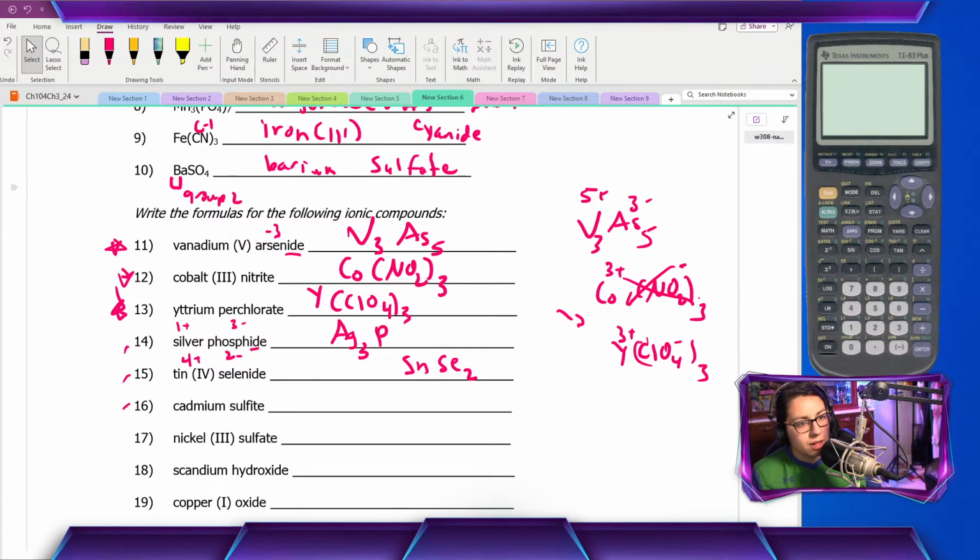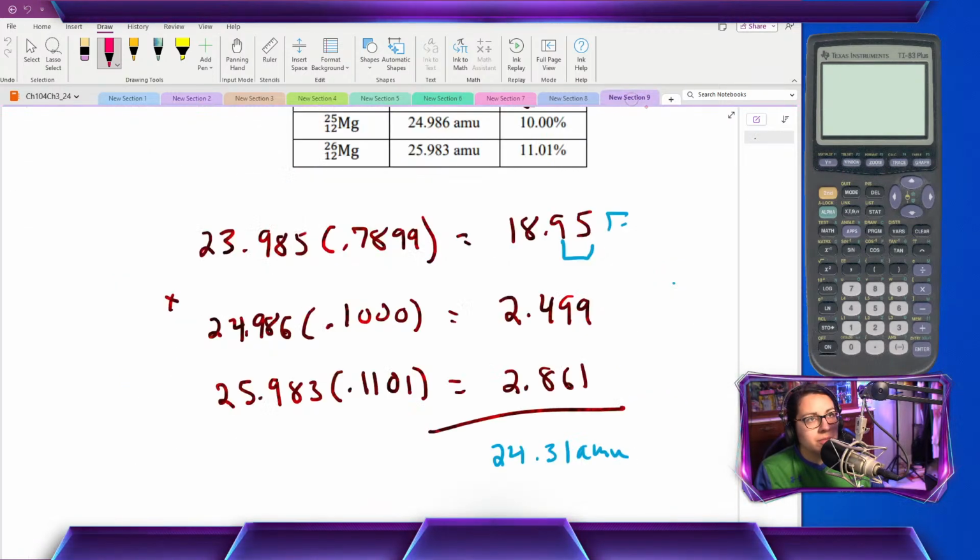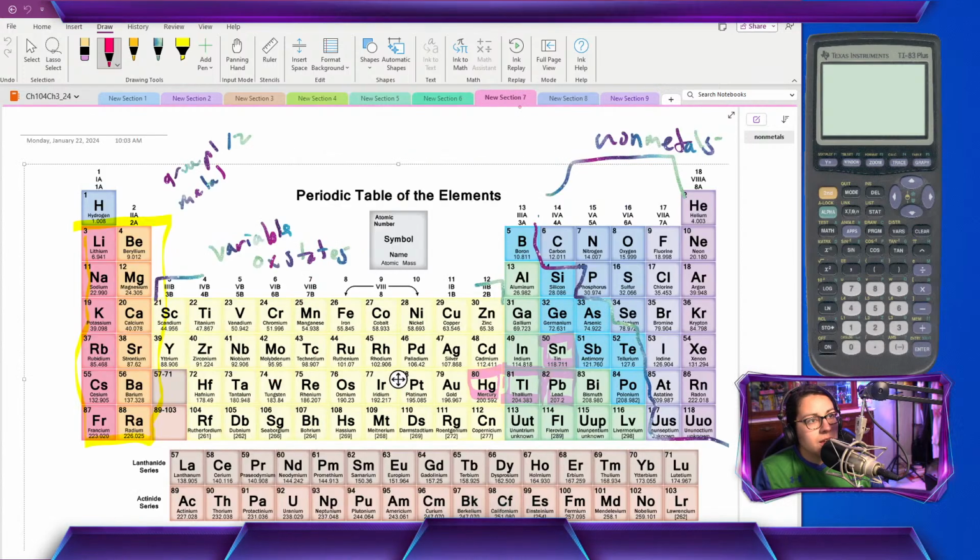Questions? And so now our last one is calcium sulfite. And so remember, sulfite is SO3 2 minus. Oh, cadmium. Sorry, cadmium. So calcium at first. Cadmium. So let's find cadmium on the periodic table. There's cadmium.